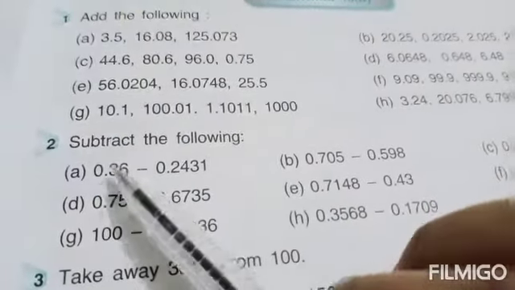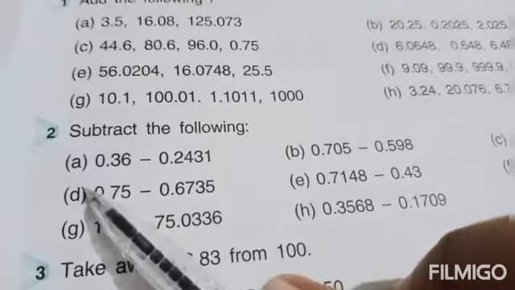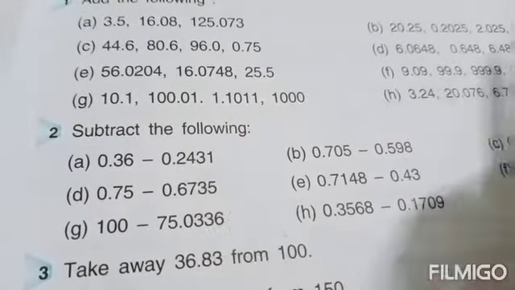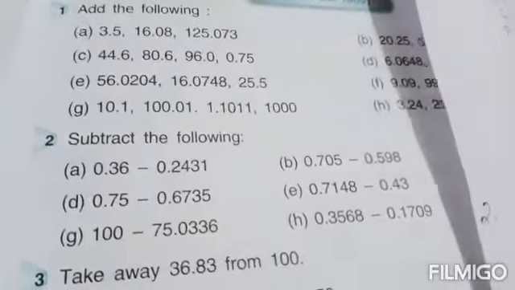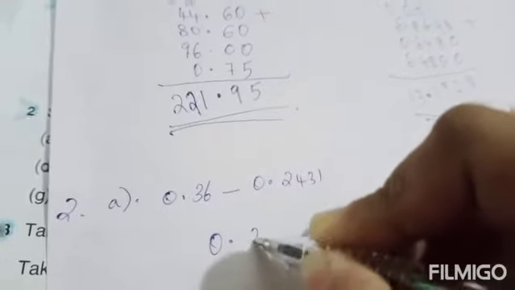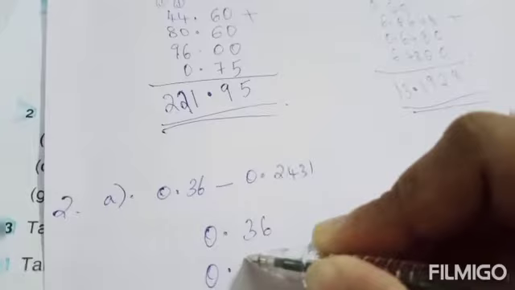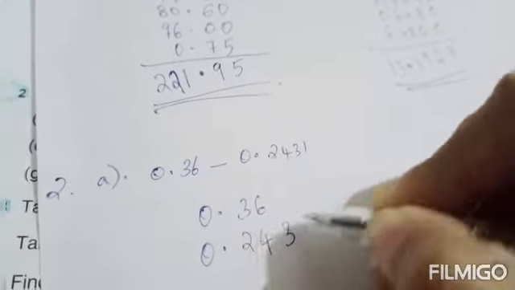Next is the second question. Subtract the following. In that A, 0.36 minus 0.2431. So as we did for addition, write the numbers in column form. So 0.36 minus 0.2431.